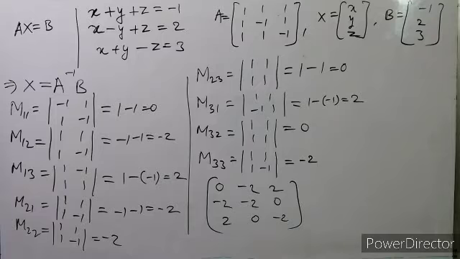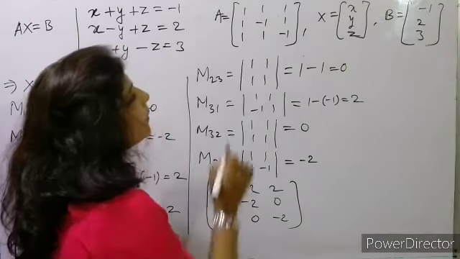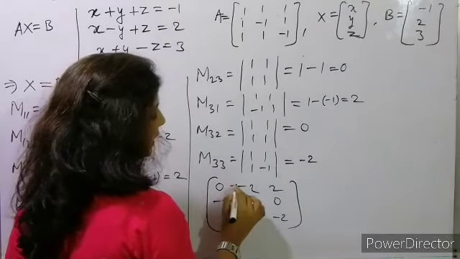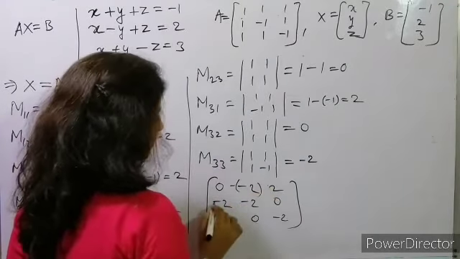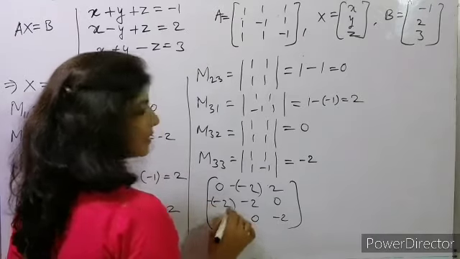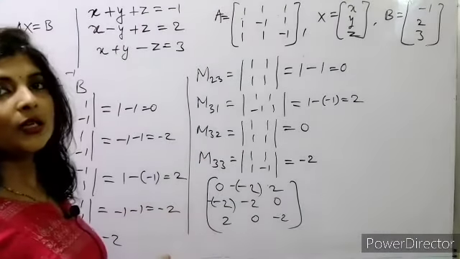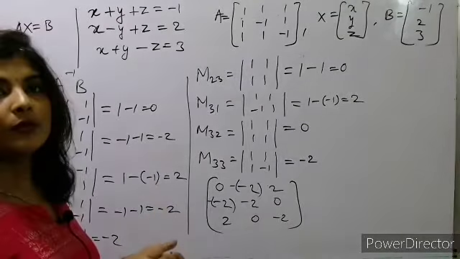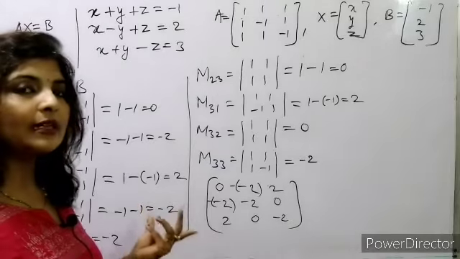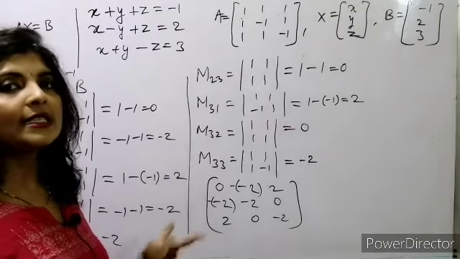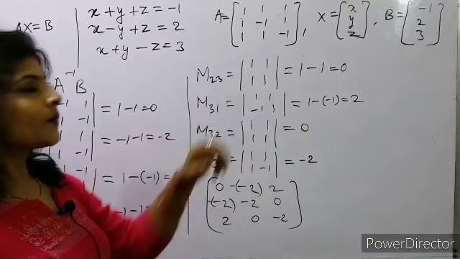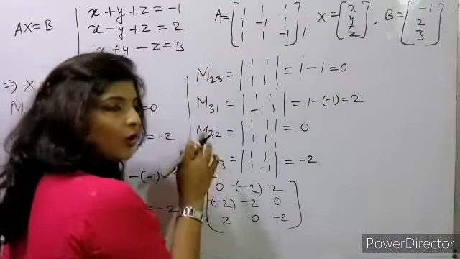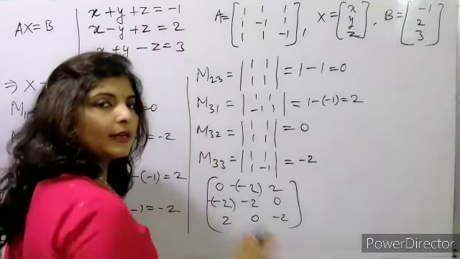Now for this we apply the sign pattern plus, minus, plus; minus, plus, minus; plus, minus, plus, because we have to convert this into the cofactor matrix. For the cofactor, the magnitude will be the same, we just need to change the sign according to the row and column number.